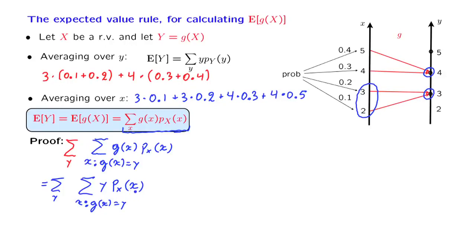Now, when we look at this summation, we realize that it's a summation over x's, while y is being fixed. And so we can take this term of y and pull it outside the summation. What this leaves us with is a sum over all y's of y, and then a further sum over all x's that lead to that particular y of the probabilities of those x's.